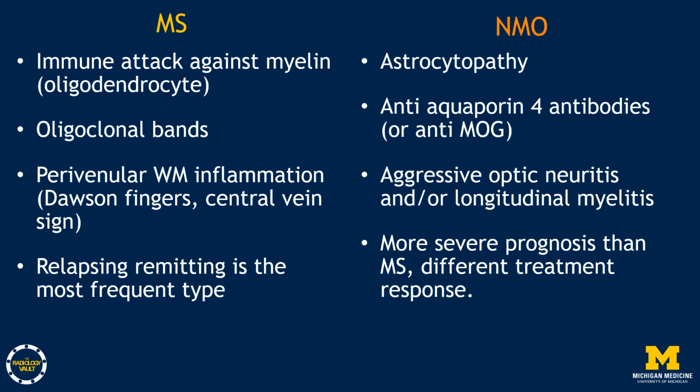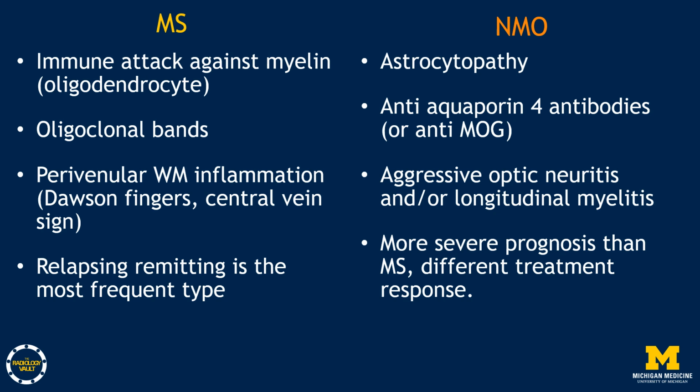If we compare multiple sclerosis on the left with NMO on the right, in the case of multiple sclerosis, the primordial lesion is the immune attack against myelin, which is a component of oligodendrocytes, while in NMO, it is an astrocytopathy.